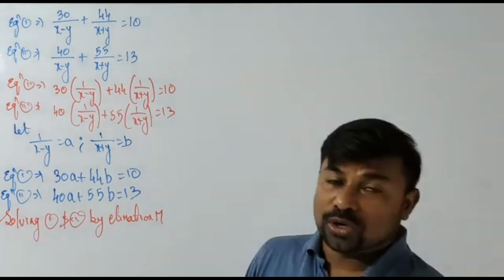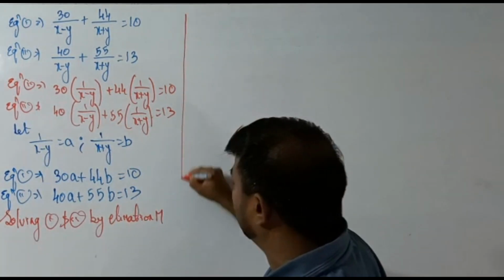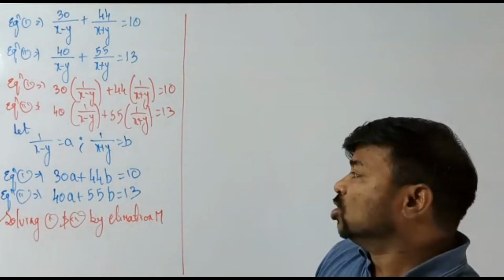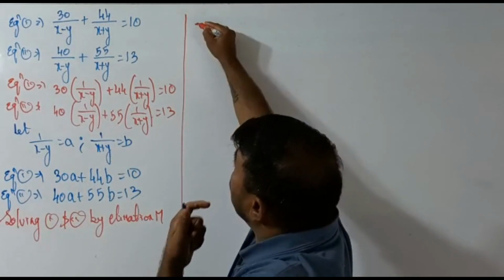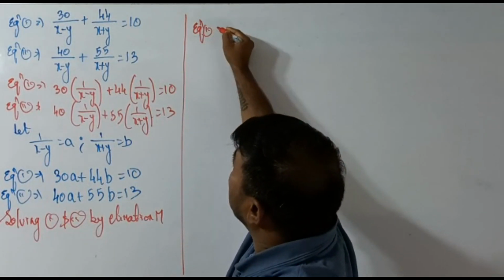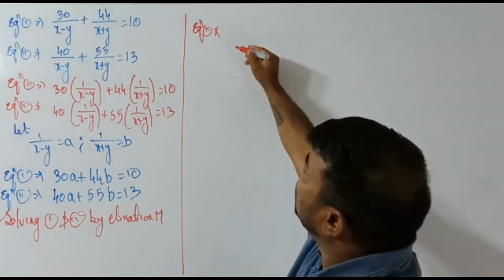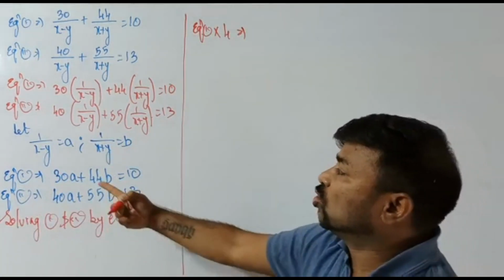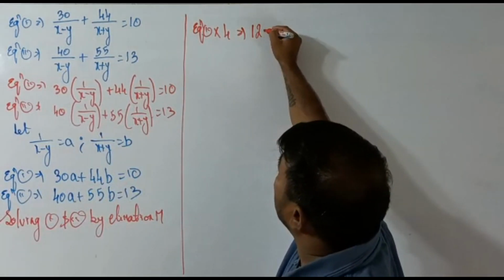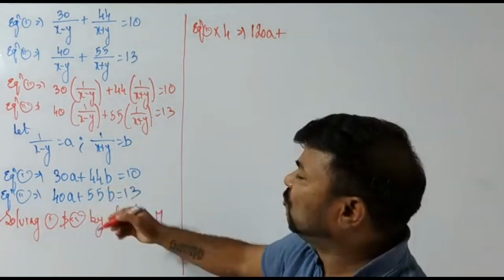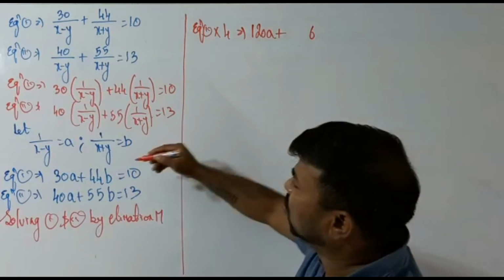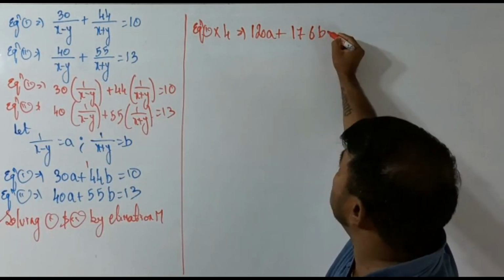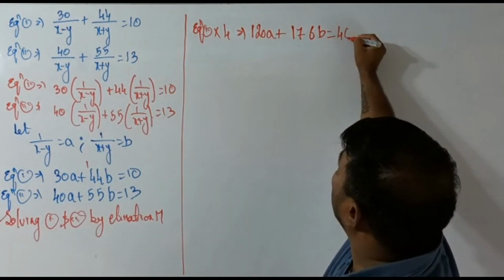As you all know, if we go with the elimination method, we make the coefficients the same. So my plan is to multiply equation 1 by 4. So 4 times 30 is 120a, 4 times 44 is 176b, equals 40.